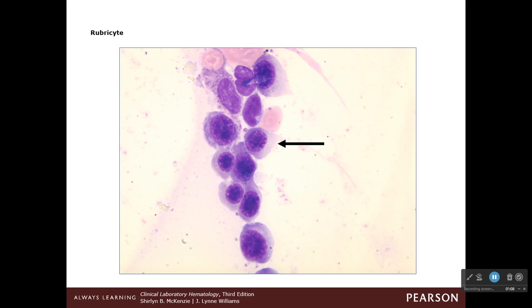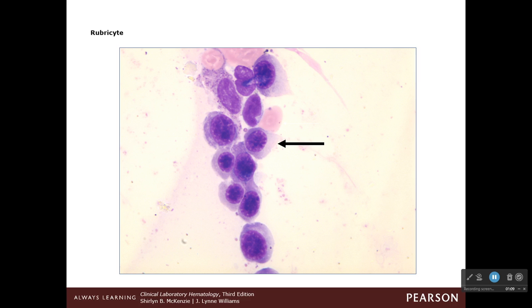Okay? So the next stage is the metarubricyte, or what do they call it? Orthochromic normoblast. So the next stage is orthochromic normoblast or metarubricyte. Now, at that point, the nucleus is almost completely pyknotic. It's going to be like a black dot that's left. But see how the cytoplasm is starting to turn bluish gray?